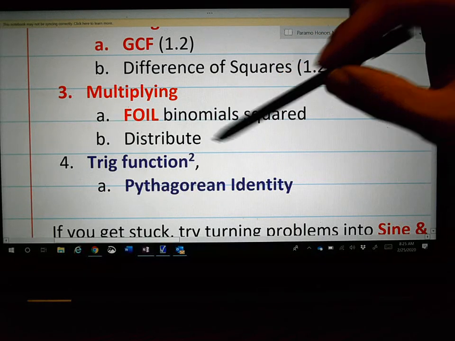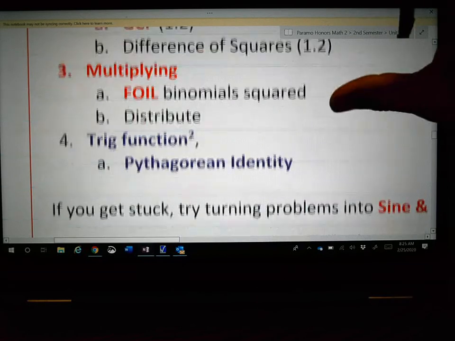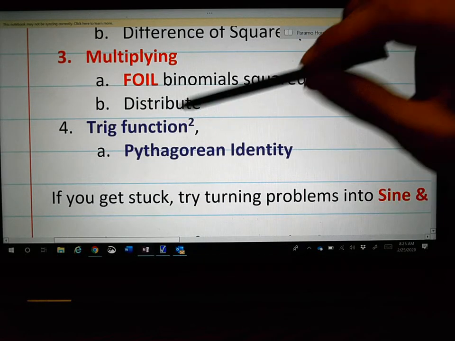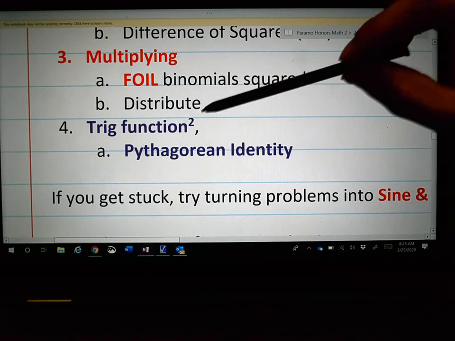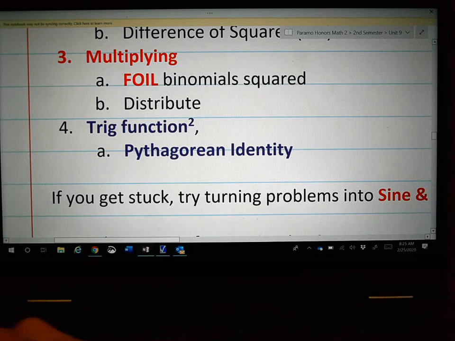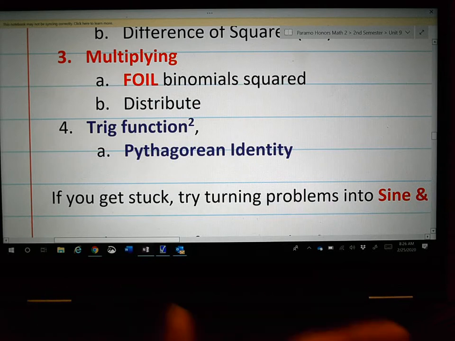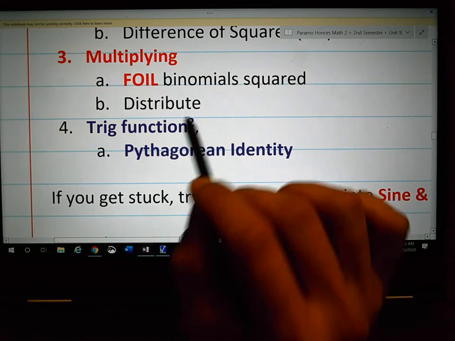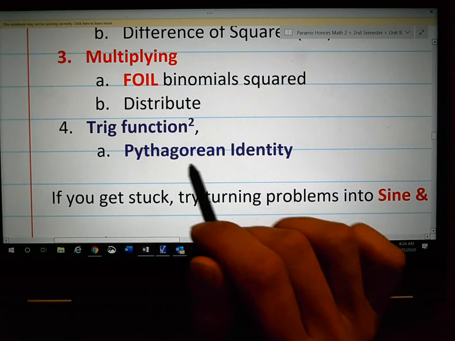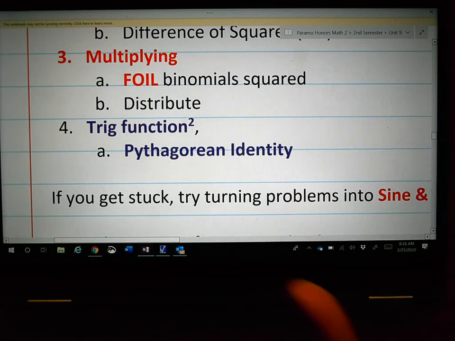Don't forget to distribute things. That might help. And lastly, anytime you see a trig function squared, like a sine squared of theta minus 1, or a cotangent squared plus 1, look for a Pythagorean identity that you can use to make it more simplified.